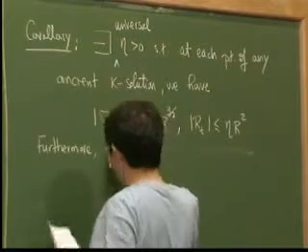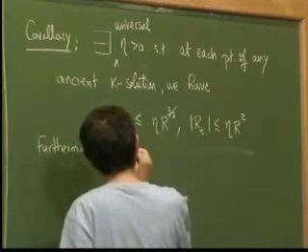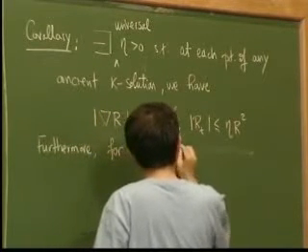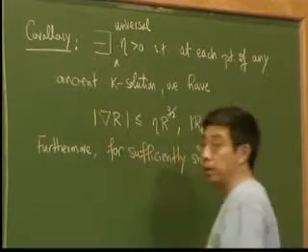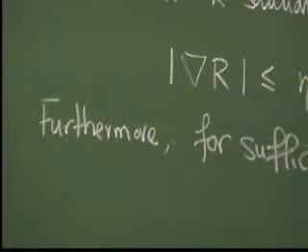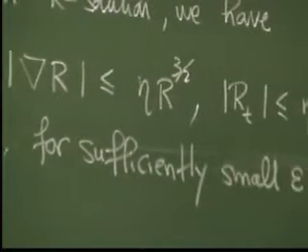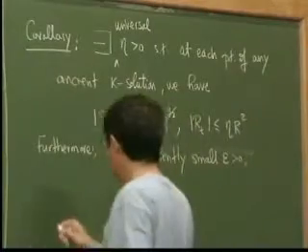Moreover, for sufficiently small epsilon, this small epsilon is like a certain stability. It can also be made universal, uniform. So they are constants.